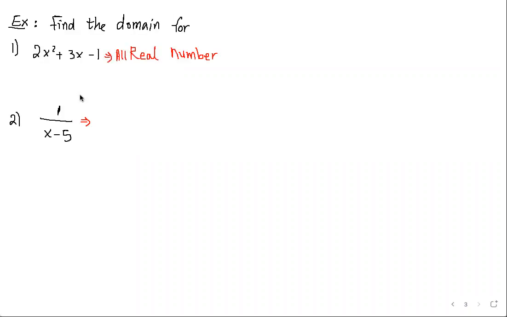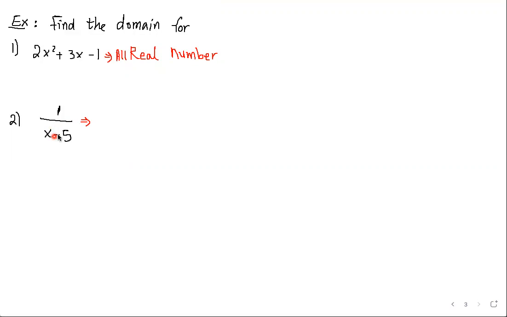For the second one, can I plug in the positive numbers here? If we look at this one, we are just looking at how we can remove the 0 from the denominator, right? Because 1 over 0 gives me undefined.